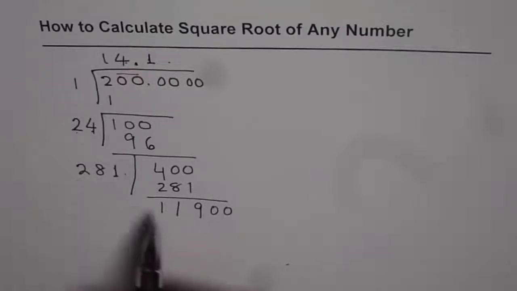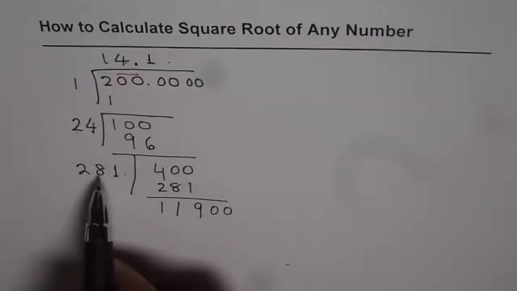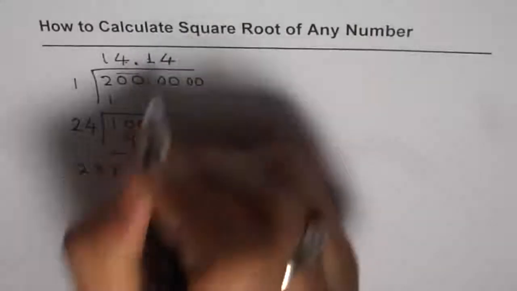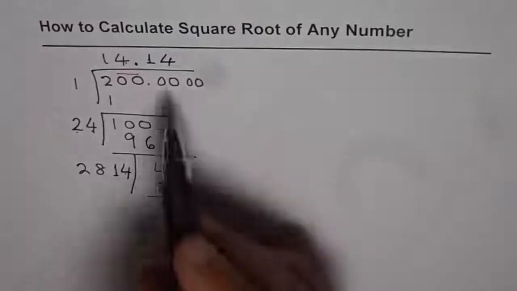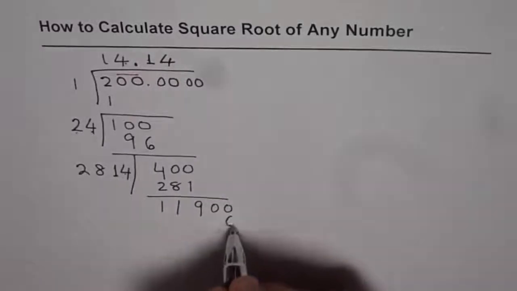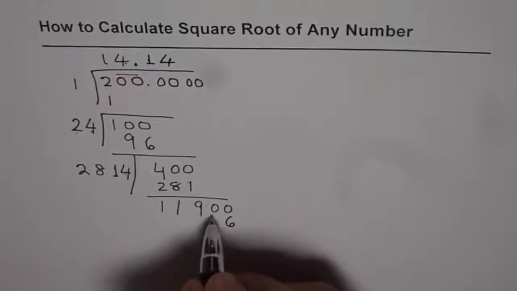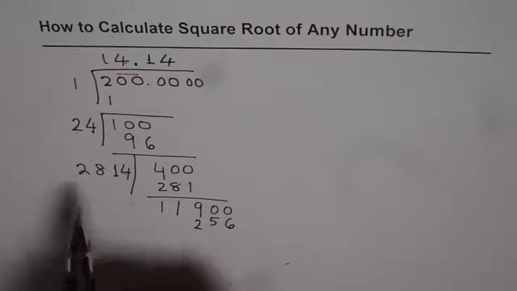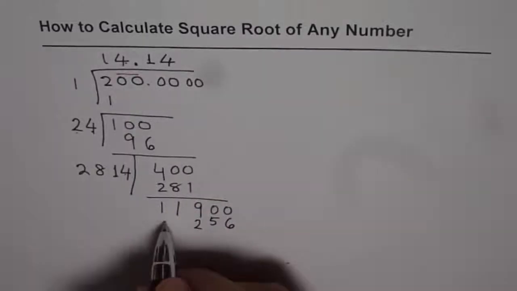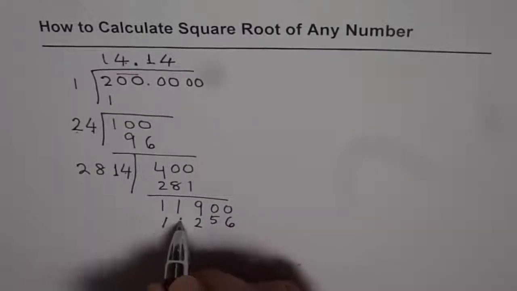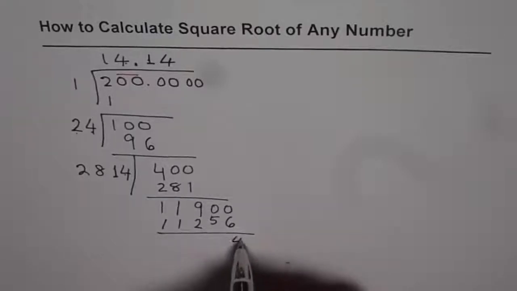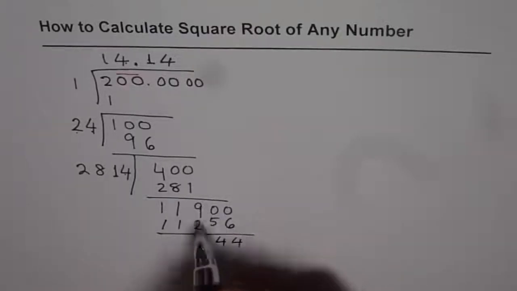Well, 2 times 5 is 10, 5 times 8 is 40, that will be higher than 11, so we can try 4. 4 times 4 is 16, 6, 4 times 1 is 4, plus 1, 5, 4 times 8 is 32, 2, 3 carry over, and 4 times 2 is 8 plus 3 is 11. So we get this number, which is indeed very close to 11,900. And when you take away, you get 4, 4, and 640.